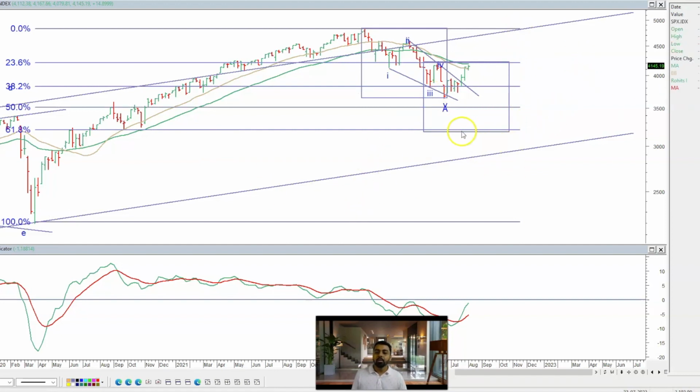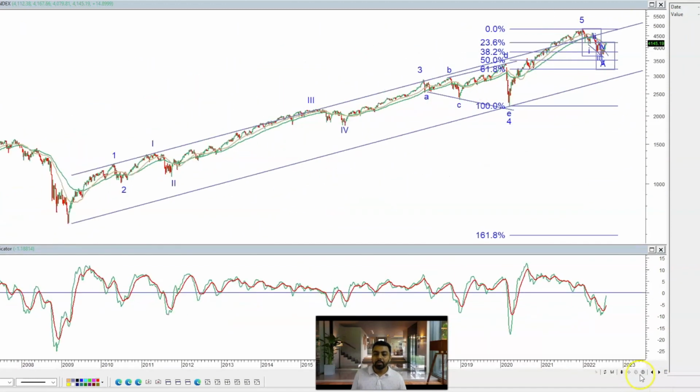So in the near term we expect some bit of pullback to occur in S&P, but once that is done, there is a high possibility that wave C can unfold, wherein the 61.8% retracement mark, which is around the 3200 mark, we can see in S&P. And if that is broken, we can say that maybe this entire move is a 5-wave rise, and we might see a deeper correction in the medium to long term.